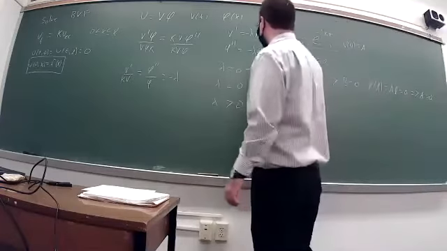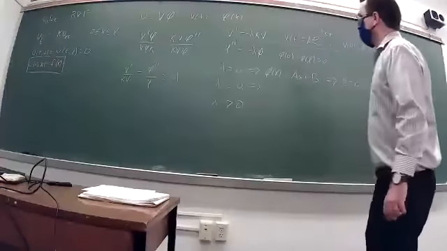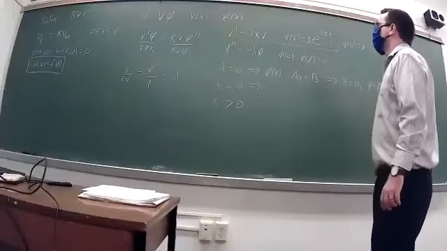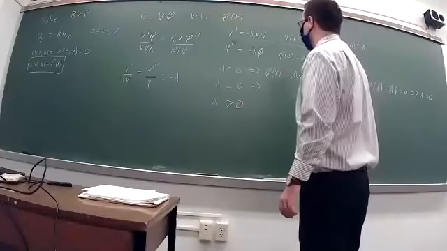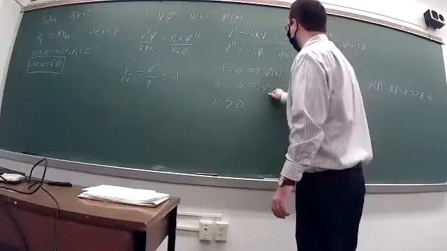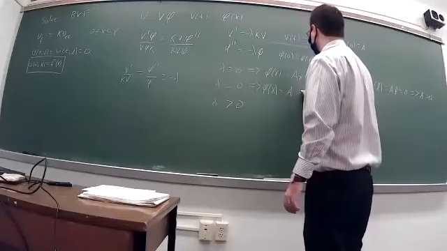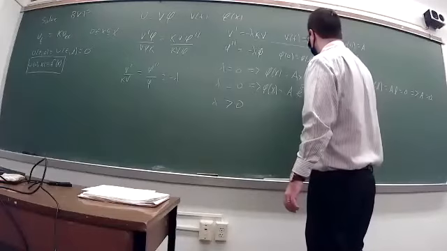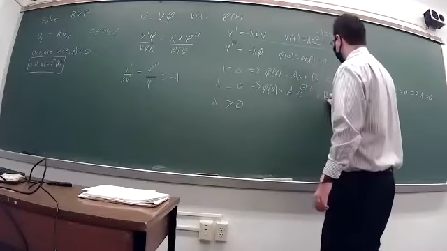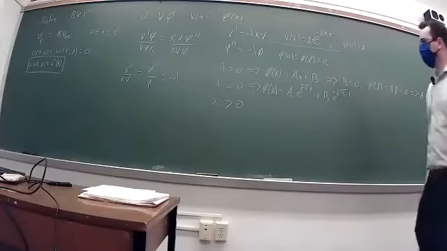So for lambda less than 0, what do we get? I think we get solutions of the form constant times e to the root minus lambda t plus constant times e to the minus root minus lambda t.